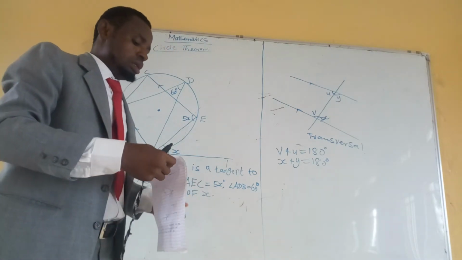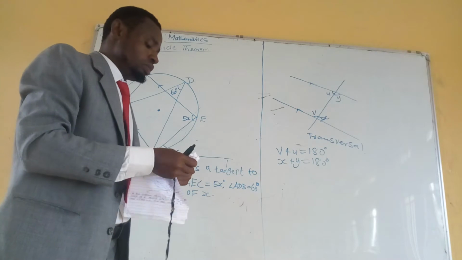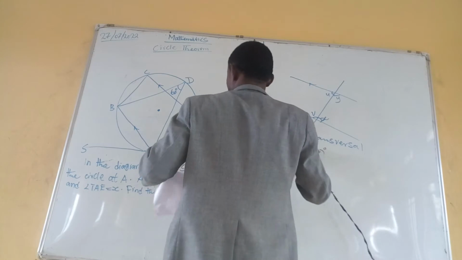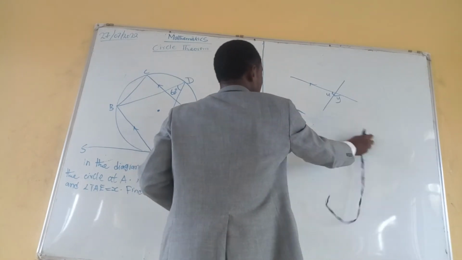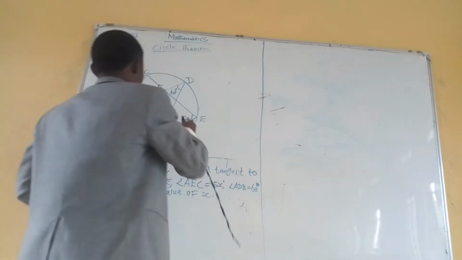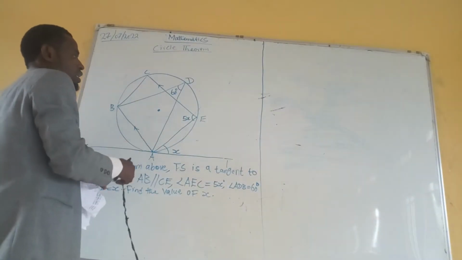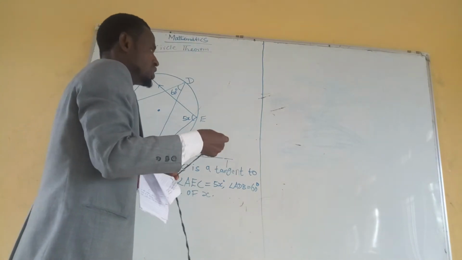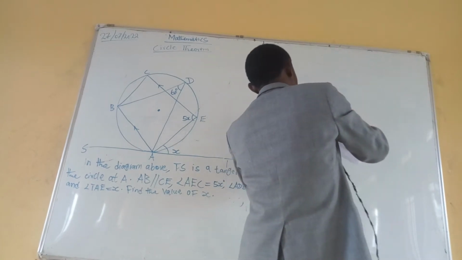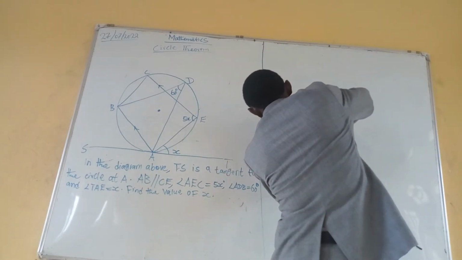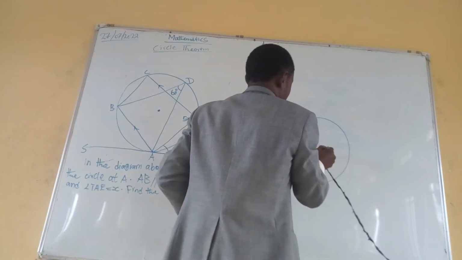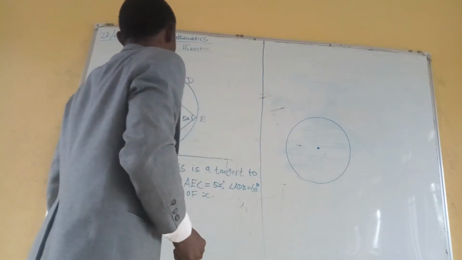Having done this, let's move on to our question. We are told that there are two lines that are parallel to each other, and a shape can be brought out from them. This line and this line are parallel. Maybe we can redraw the circle. Let's have the circle here, a normal circle, like this.